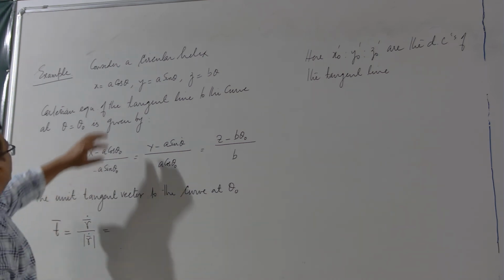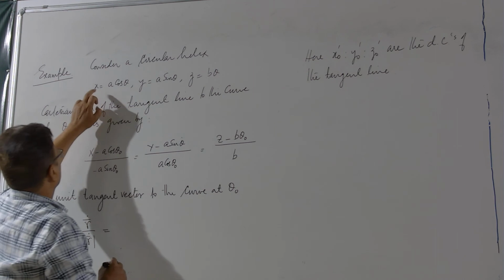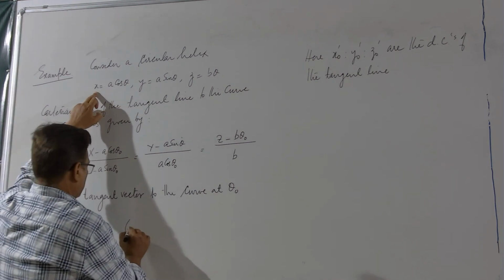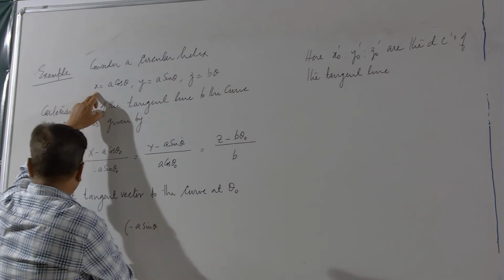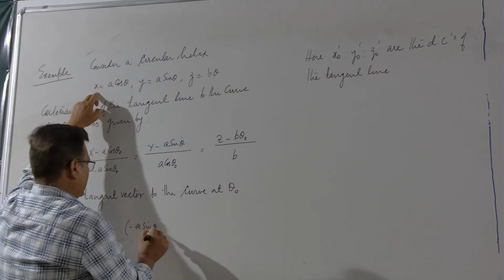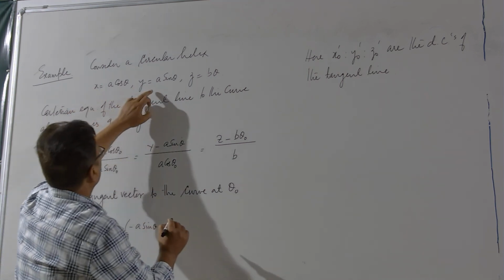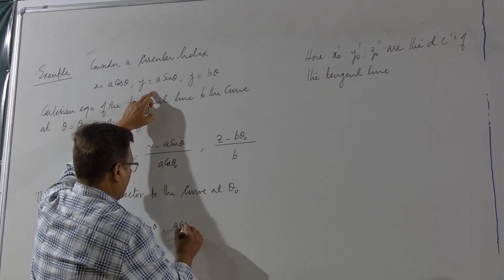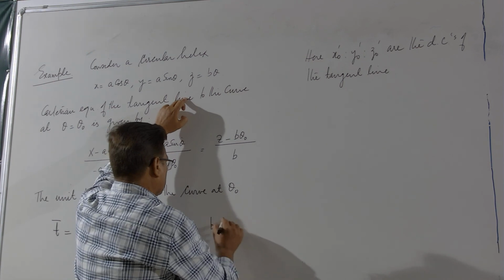So, r dot, if you recollect, is x dot, which means minus a sin theta, computed at the point theta naught, then a cos theta naught, and here it will be just b.